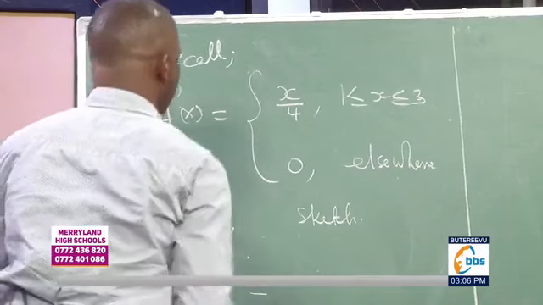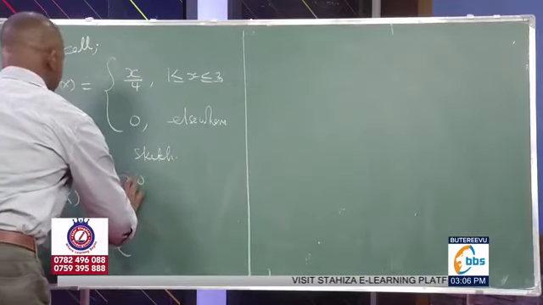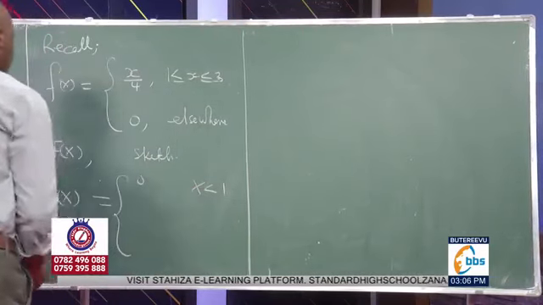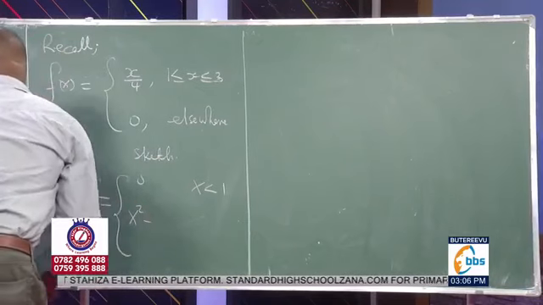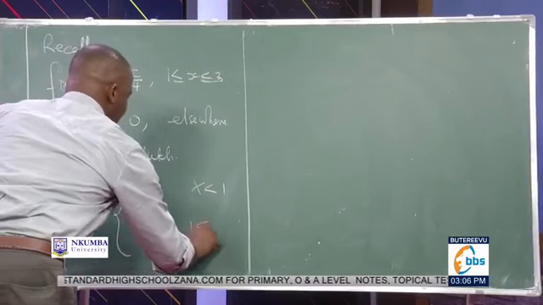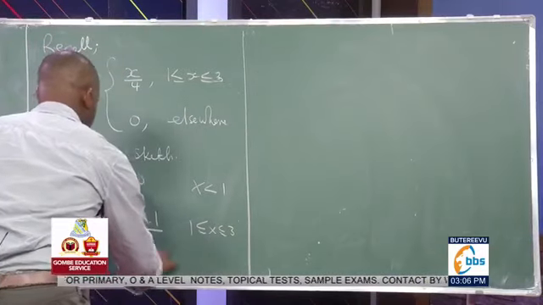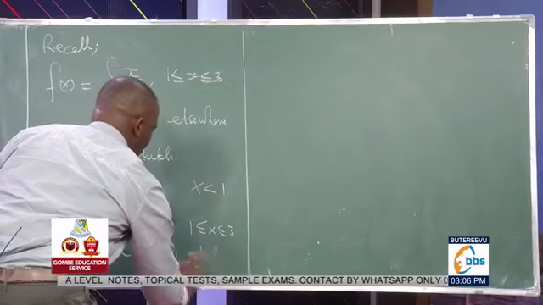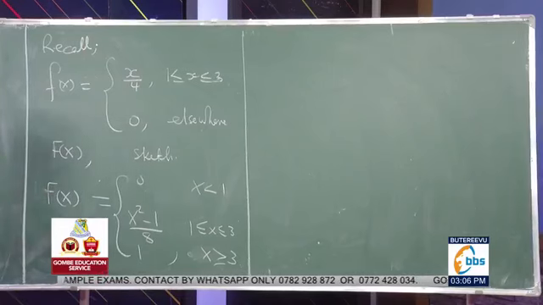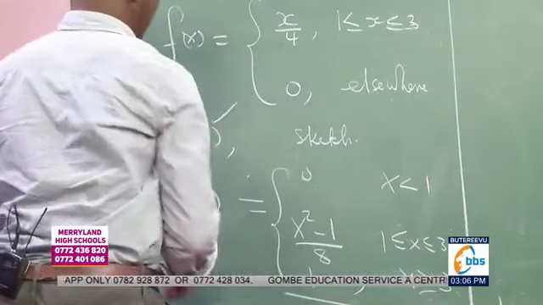The solution for the cumulative distribution function should have been 0 with x less than 1, and x squared minus 1 over 8 with, of course, 1 less than x less than 3, and then 1 with x greater or equal to 3. This is supposed to have been the answer for that.